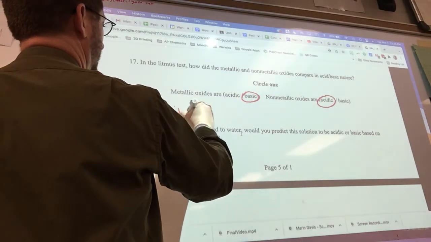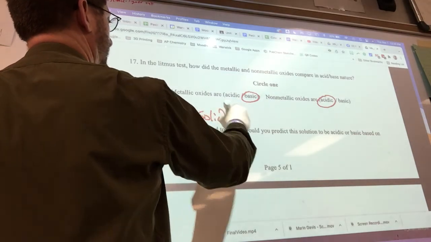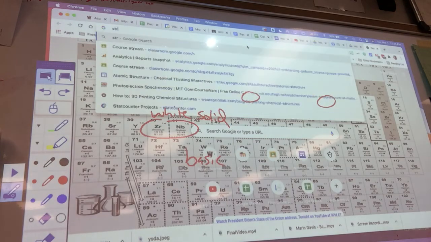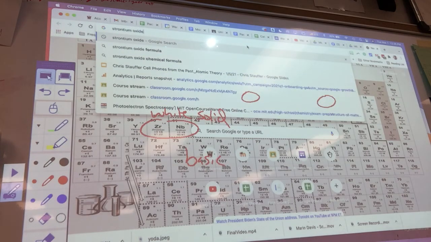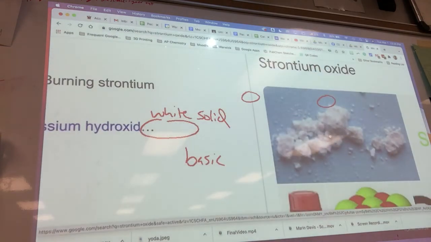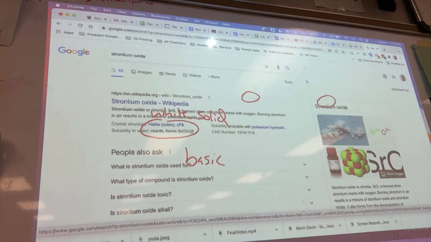Well, that's easily testable. Let's just on Google look up strontium oxide. Sure enough, here it is, and sure enough, it is a white solid. So again, the periodic table, the way it's organized, because strontium is very similar to calcium oxide, magnesium oxide, you would totally expect to get very similar properties. Cool. Any questions on that?